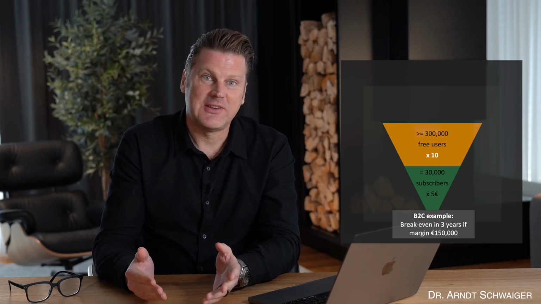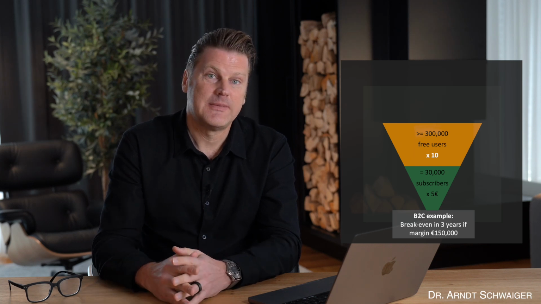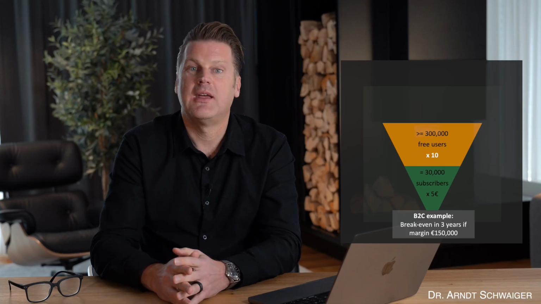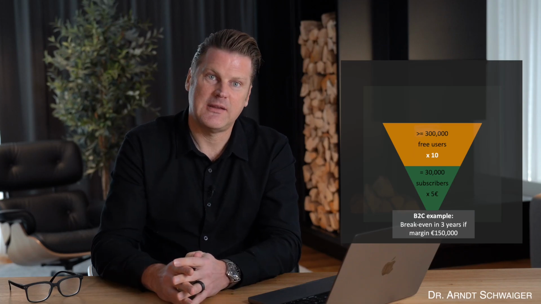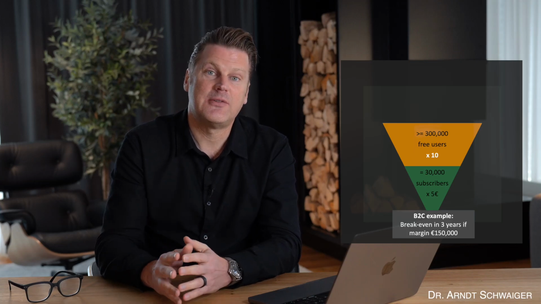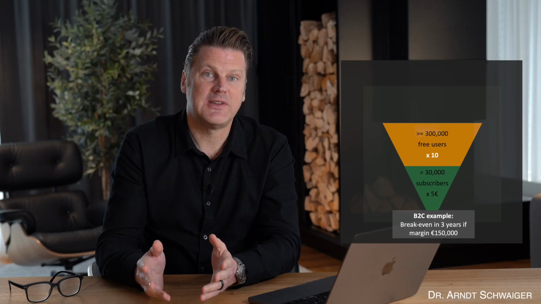So what was the step before getting a free registered user? You had been a website visitor because of clicking on a Facebook advertisement banner. So the cost per click was €1 and the conversion rate from visiting the website to being a free registered user was 5%.